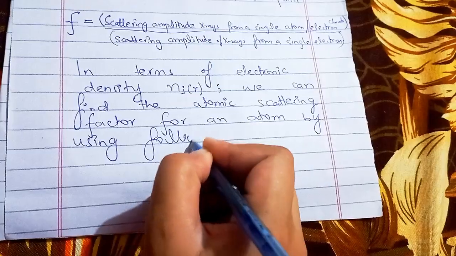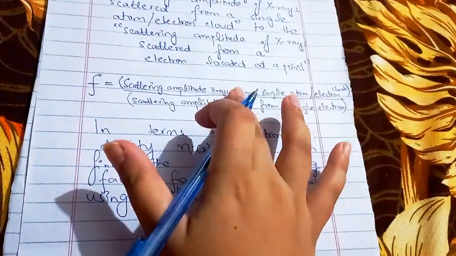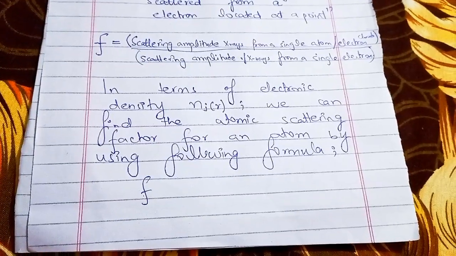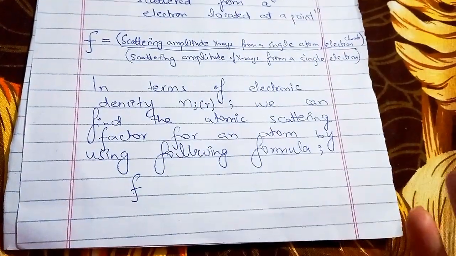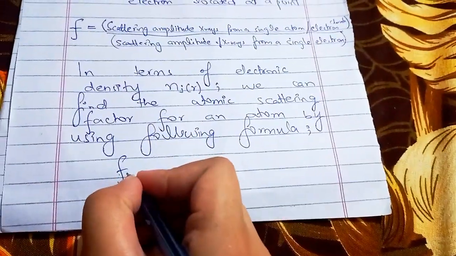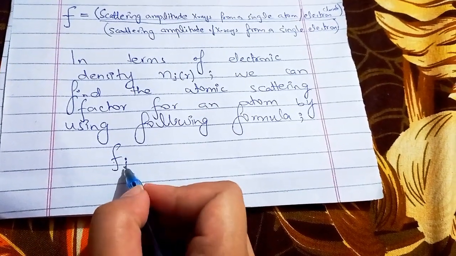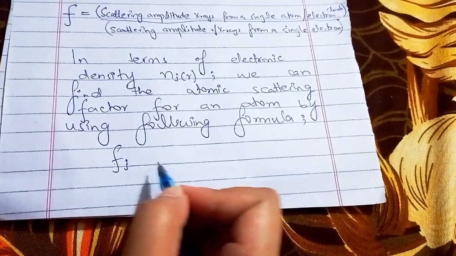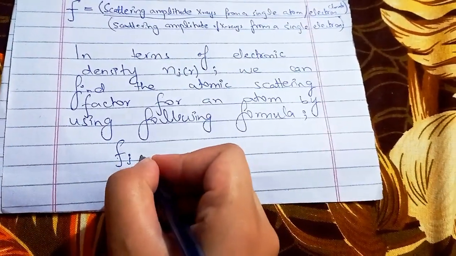One more formula, an integral formula, can be used, which is actually derived from the basic definition, but we are not going to derive that formula here in this video. If you want me to derive it for you people, you can ask me in the comment section, then I'll do that video for you people. So Fj, which shows that it is the scattering factor for the J atom, chlorine atom, sodium atom, whatever atom you're considering. So J shows which kind of atom you are considering.